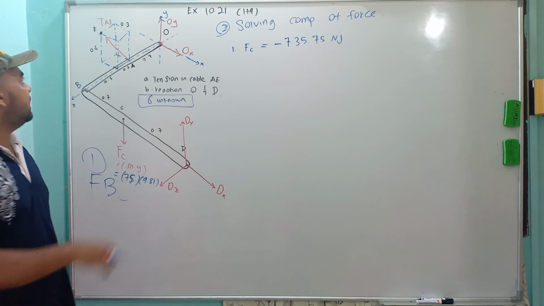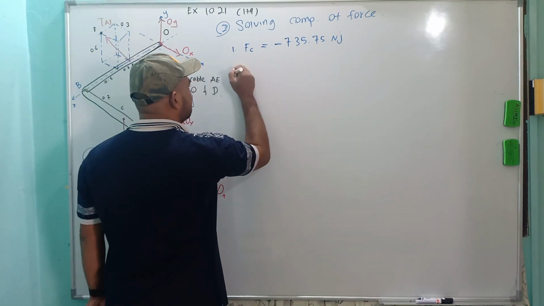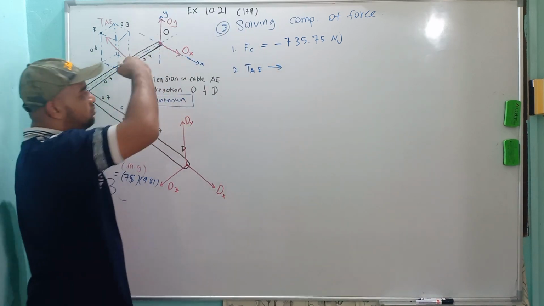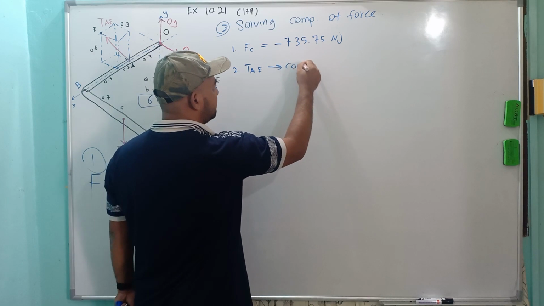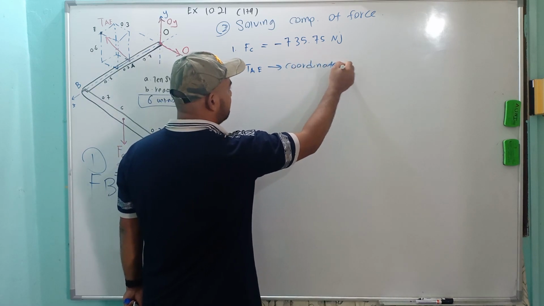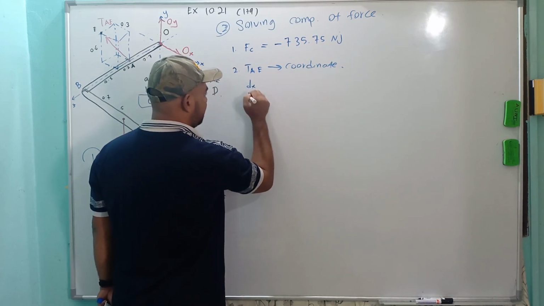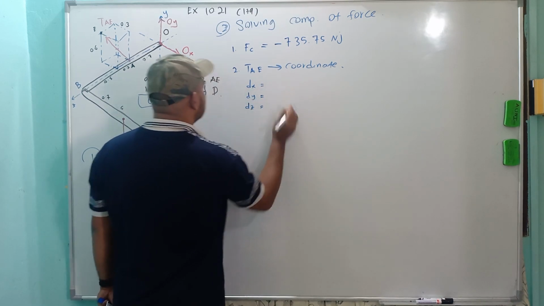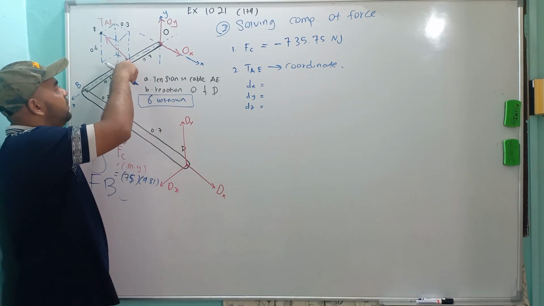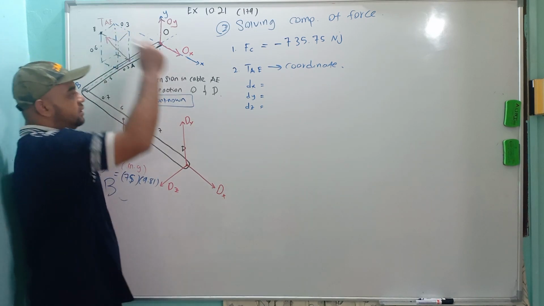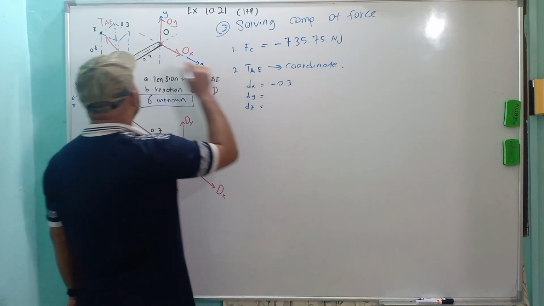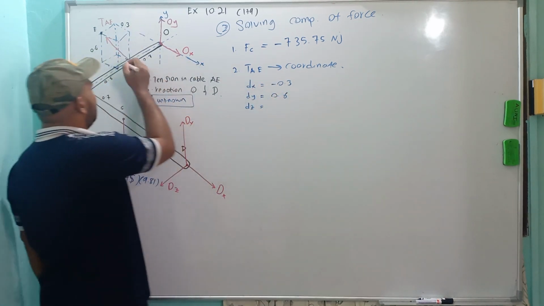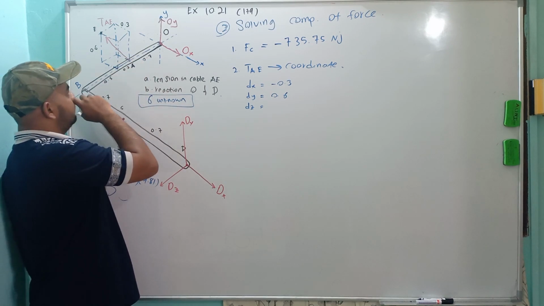And then we go to the second, which is TAE. Looking from this one, you can use the coordinate method, which is we have to have dx, dy and dz. dx moving from here to back 0.3, so negative 0.3. dy going upward 0.6, positive 0.6. dz from here going this way, positive also 0.2.